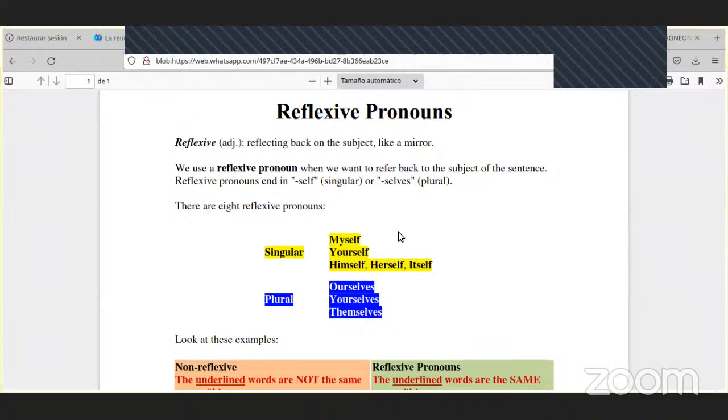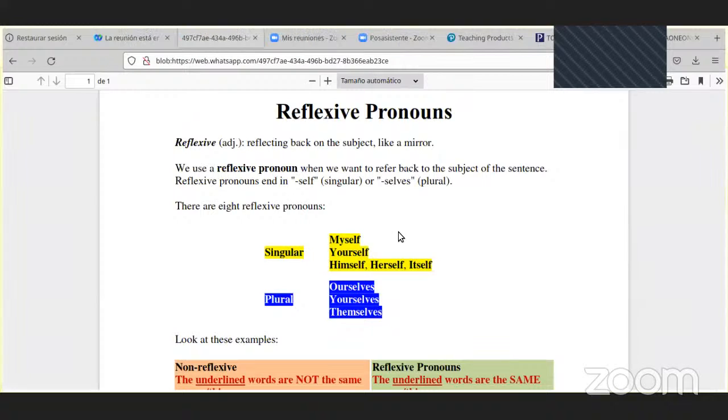Okay, reflexive pronouns. As you can see here, Chris, when we talk about reflexive pronouns, we are talking about something similar to subjects, but these reflect back to oneself. It's going to work like a mirror.